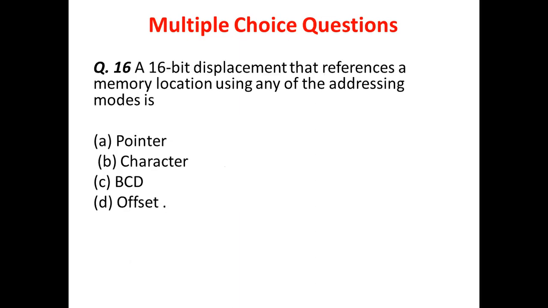The next question is: a 16-bit displacement that references a memory location using any of the addressing modes is? The first option is a pointer, the second option is a character, the third option is a BCD, that is binary coded decimal, and the fourth option is an offset.